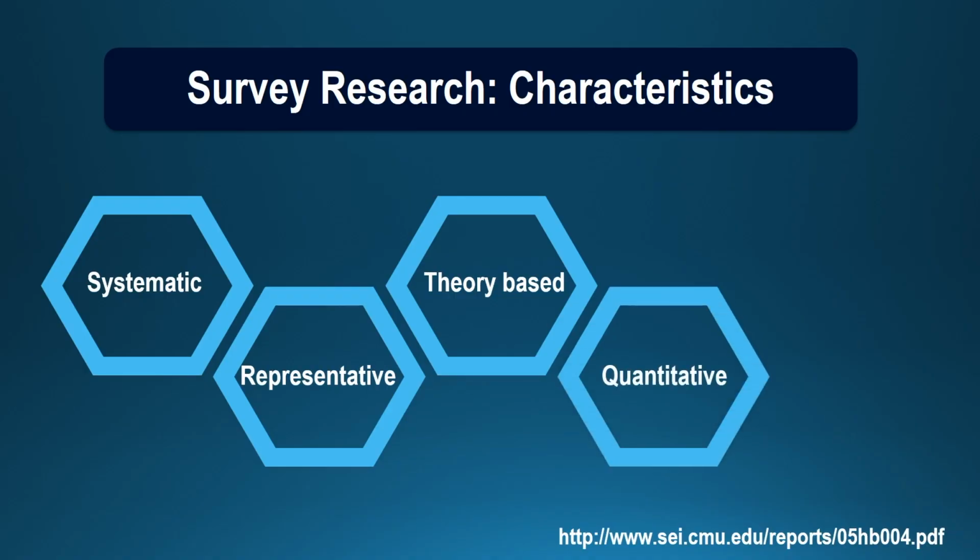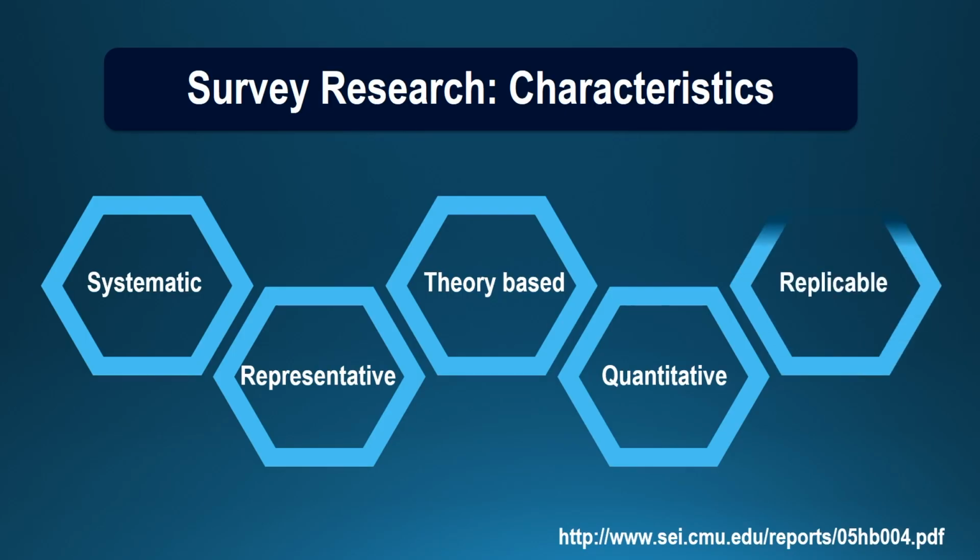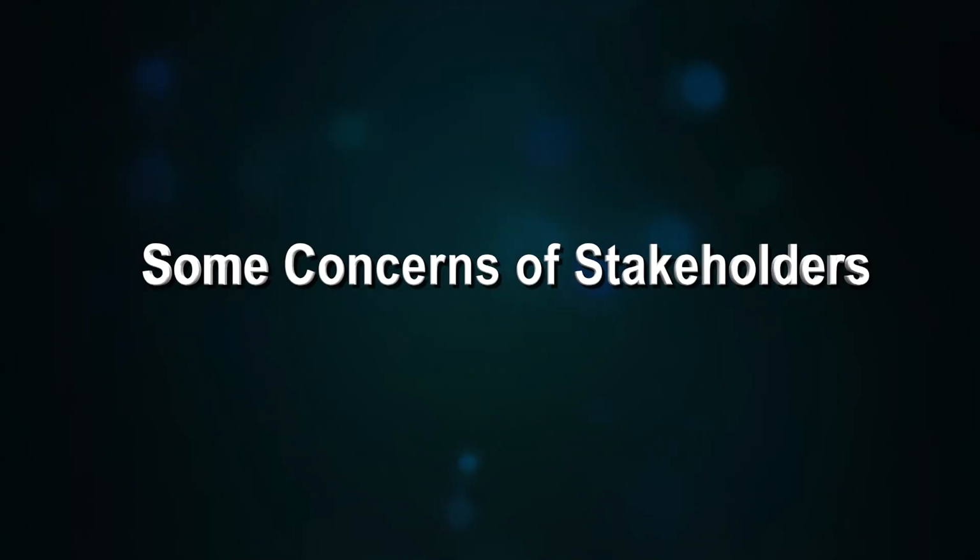It is quantitative. Primarily, the data collected in a survey is quantitative, and thus it is amenable to statistical analysis for generalizability. Survey research is replicable, in the sense that a survey carried out can be repeated in different contexts.